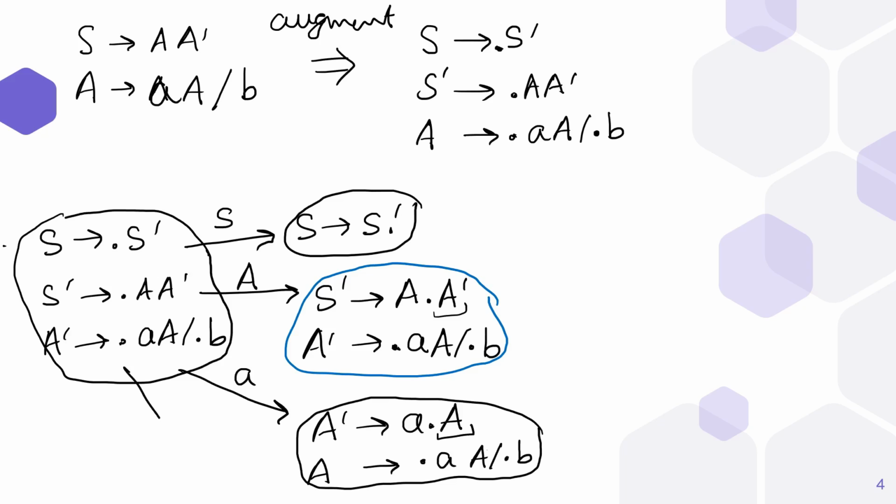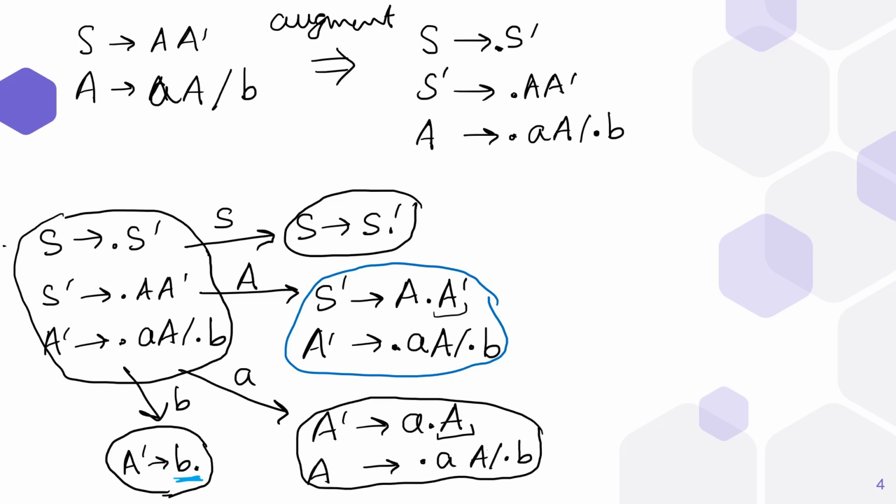And we would shift B. On shifting B, we would get A dash B dot. Here you can see that we have successfully read B. So it can be called a complete state.